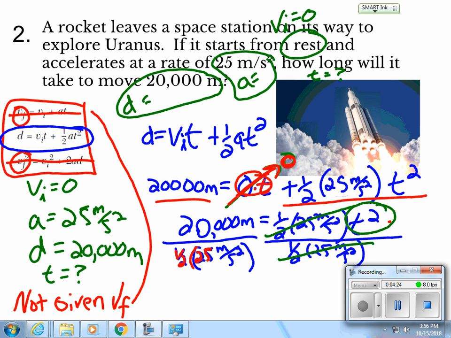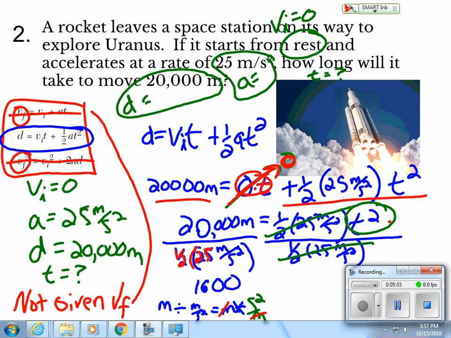So 20,000 meters divided by 12.5 meters per second squared would be 1,600. Now watch my units. My units were meters divided by meters per second squared, which is the same as meters divided by, flipping it, seconds squared on top, meters on the bottom.